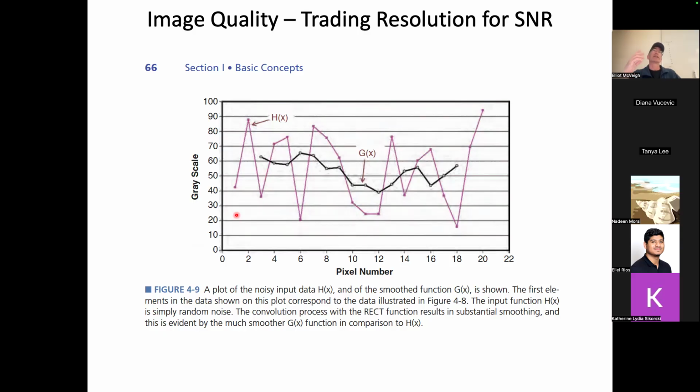So in magnetic resonance, the random noise comes from the patient. When you take a magnetic resonance image, you receive radio frequency energy from the patient using an antenna, and you put the antenna on top of the patient as close as you can to the target of your imaging.